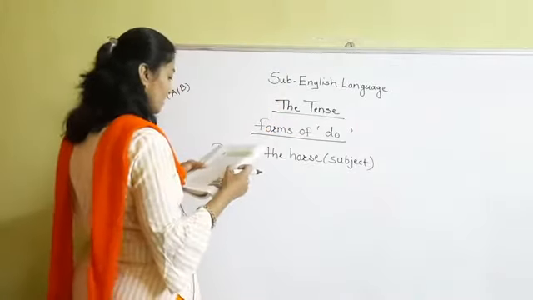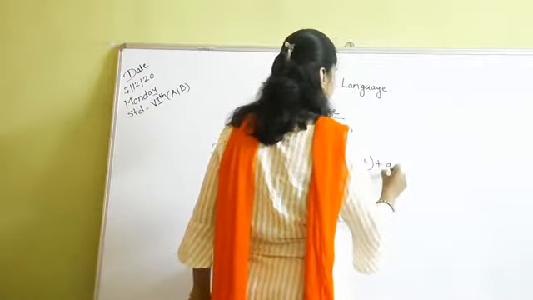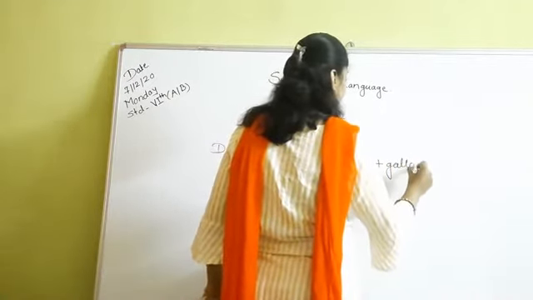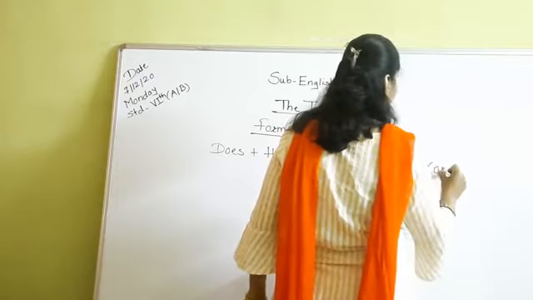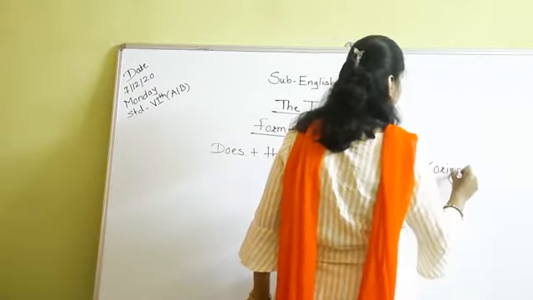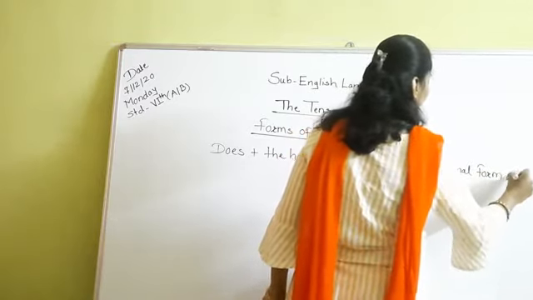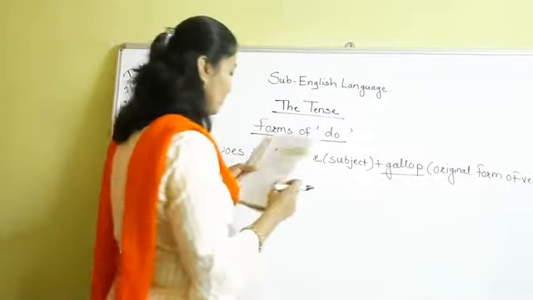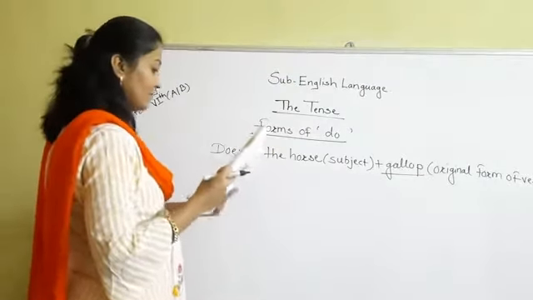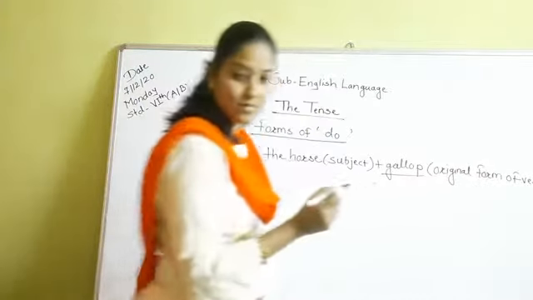Does the horse plus gallop, that is the original form of the verb. Original form of the verb, okay? And then a question mark.